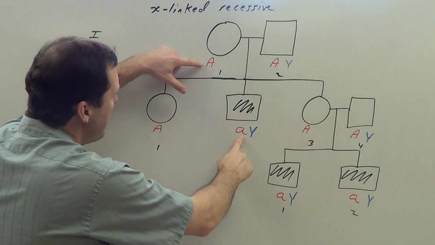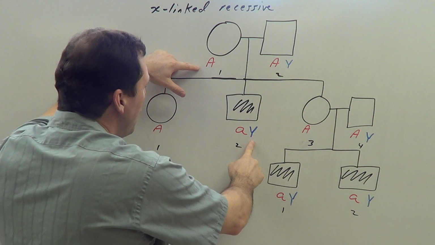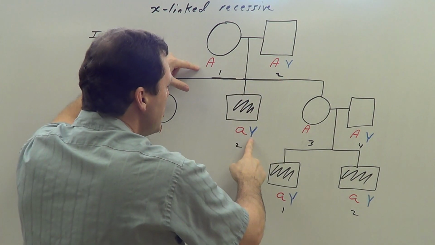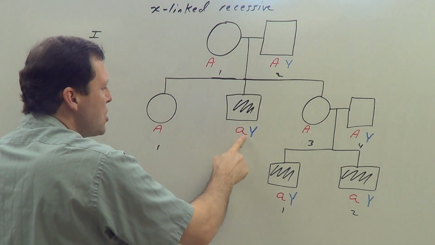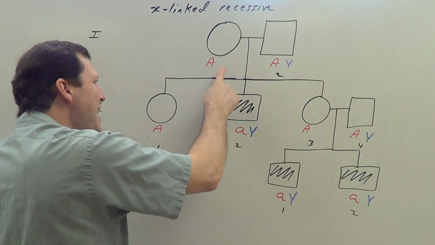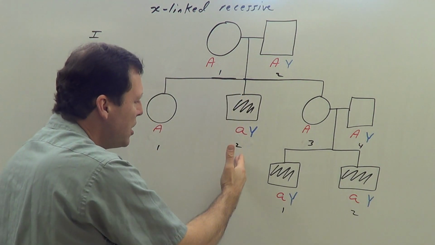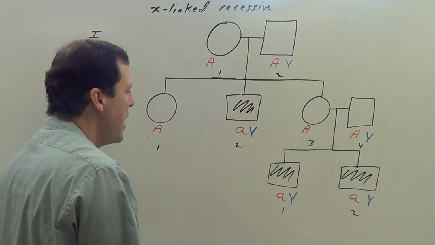Let's try to figure this one out. Here's her son. Mom cannot give a Y to her son, because she doesn't have a Y to give. Only a male has a Y. So this capital Y came from dad. That means this lowercase a had to come from mom, because half of the genes come from mom and the other half come from dad.